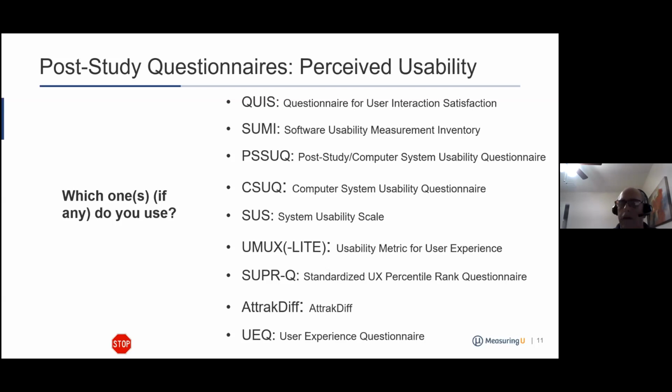I do have a question while we're waiting. As you mentioned, norms are a very big contributor to the usefulness of a scale. Could you say a bit more about the state of the art, about how good normative information is, certainly in the public domain? It's interesting. About 10 or 15 years ago, my answer would have been, there really isn't much of anything, except possibly the SUMI, which I don't know if any of y'all know Jurek Kirakowski.